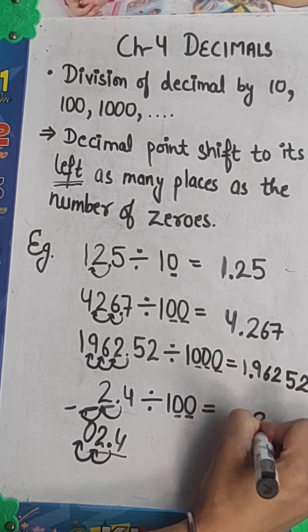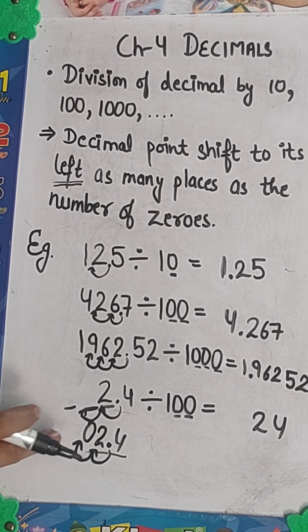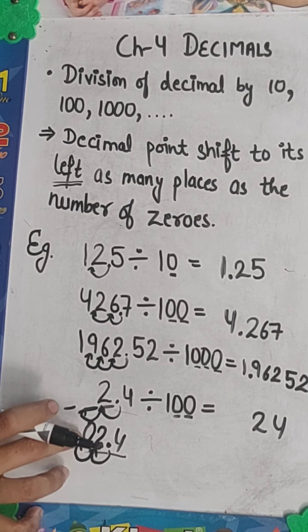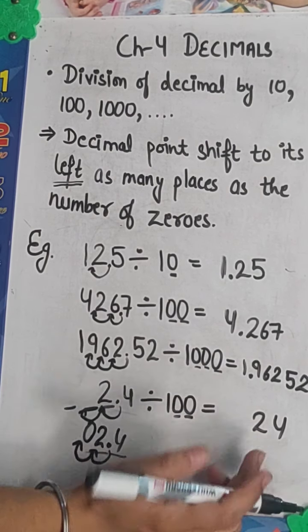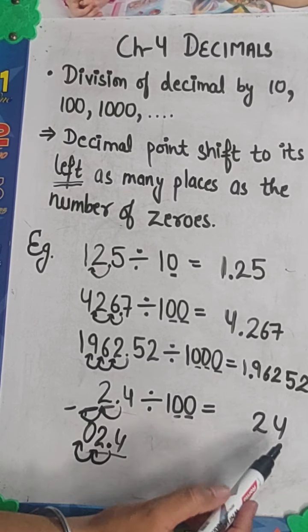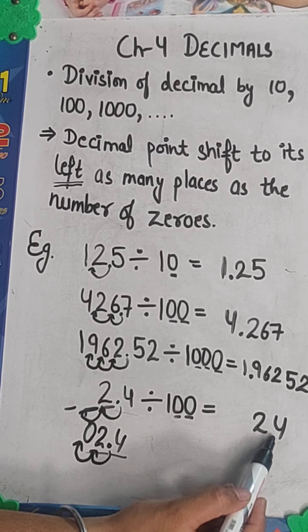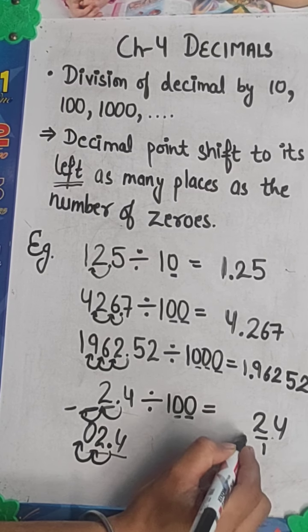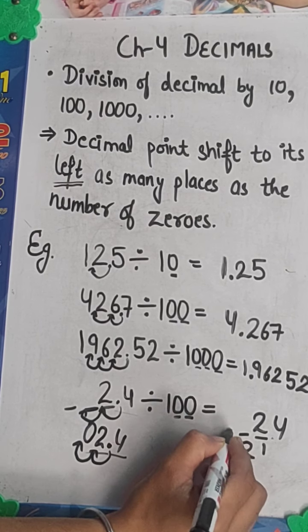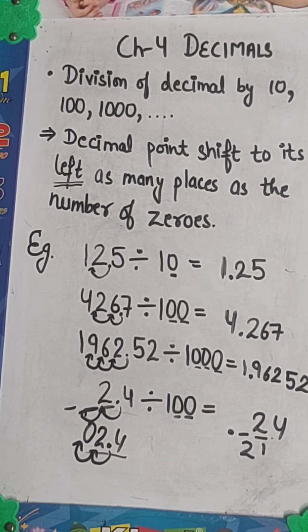So if I write the number like this, our answer is 0.024. हमारा आंसर क्या आया? 0.024. So I am again explaining this. If you write this number, now the decimal is here. You have to shift it 2 places. This is the first place and this is the second place. Before the 2 places we have to put the decimal.